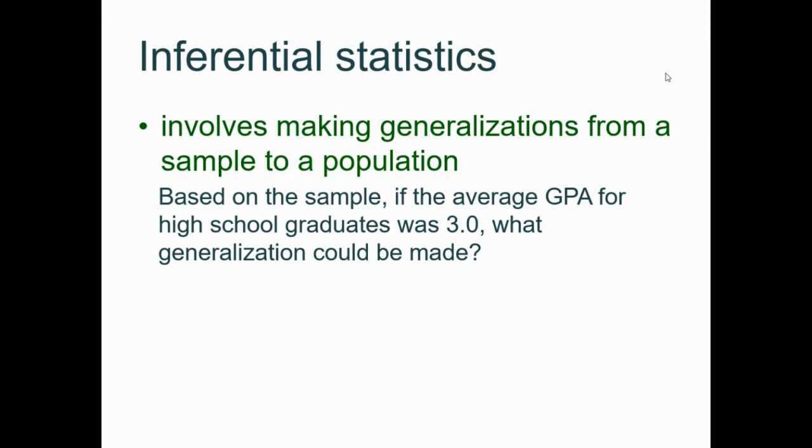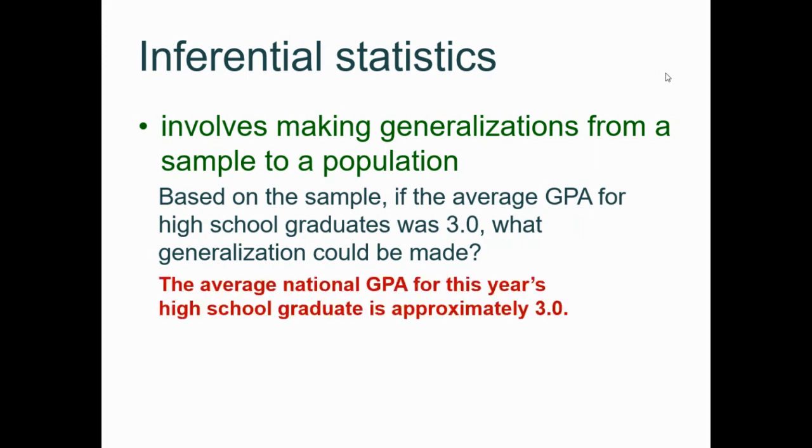You're getting there, you're close. The national average is a 3.0. That's right, I kind of figured that's where you were going. We just have to be careful how we word it. So the national average GPA for this year's high school graduates could be approximately 3.0.